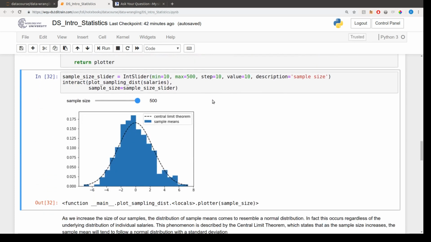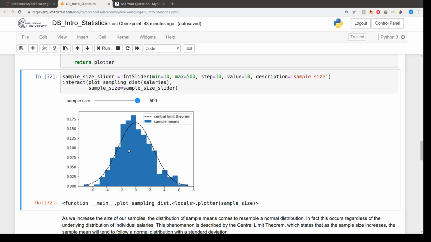And the central limit theorem not only tells us that we get a better and better estimate as our sample size increases, but it tells us what the standard error, the average error we should expect between the sample mean and the true mean, is as a function of sample size.